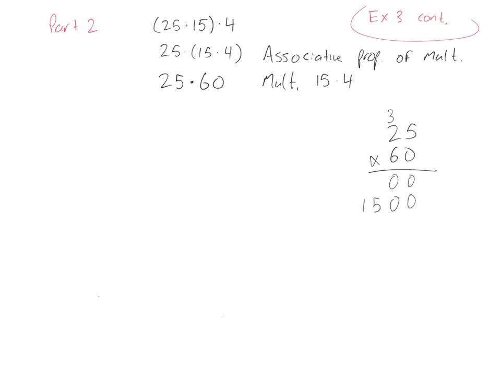So then my next answer there is going to be 1,500. How did I get there? My justification for that is just multiplying 25 and 60.